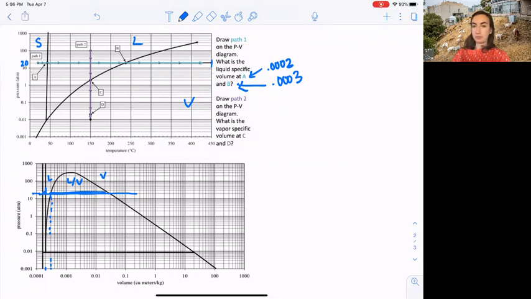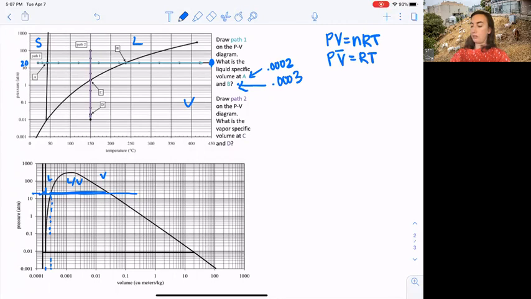And so we can see that path 1 ends at 450 degrees C, but what volume will that correspond to? And here's where we sort of have no choice other than to use the ideal gas law. And so, like I mentioned earlier, our ideal gas law is PV equals nRT. Hopefully you guys are comfortable with that. And then if we translate into the specific volumes, that's like saying P V-bar equals RT.